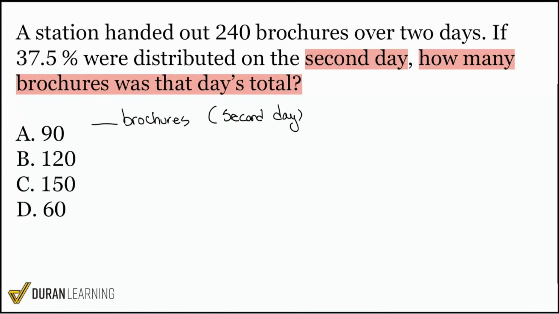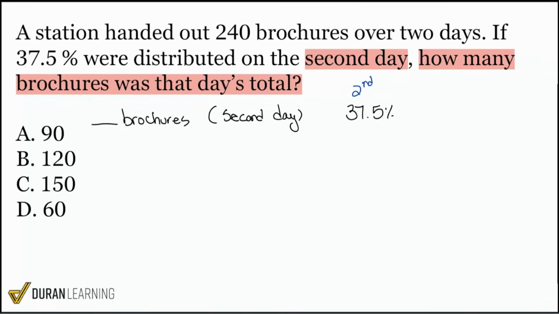Now here's what it says. It says that a station handed out 240 brochures over 2 days. If 37.5% were distributed on the second day, how many brochures was that second day's total? Oh, so this seems to be a pretty straightforward problem, because we have the percent that represents the second day. 37.5%, that's the second day.